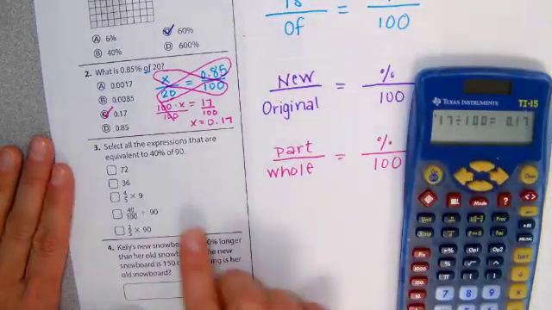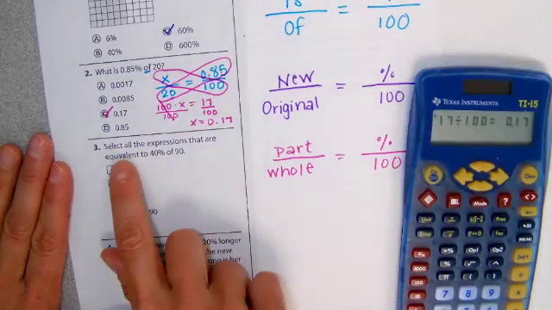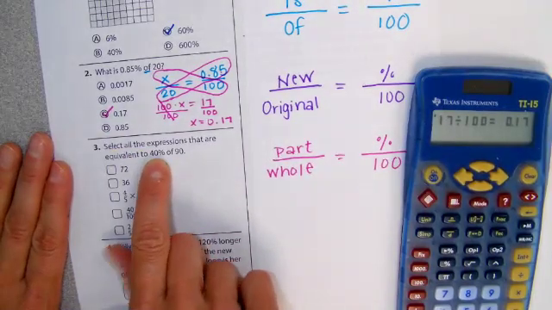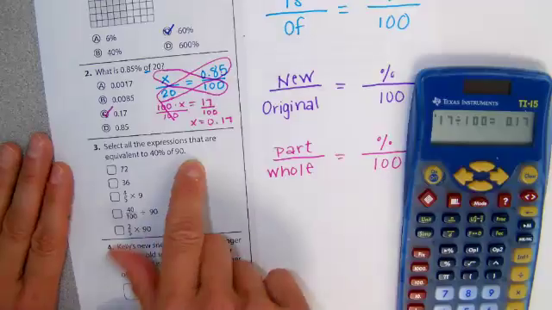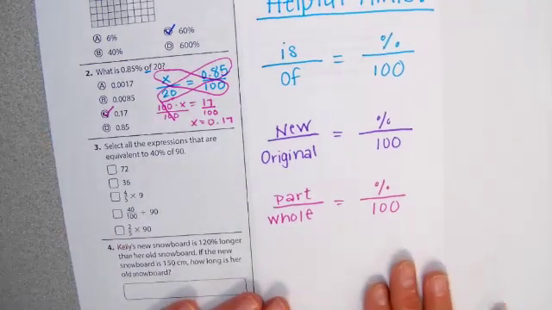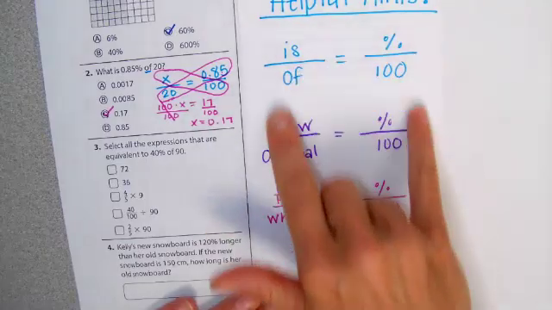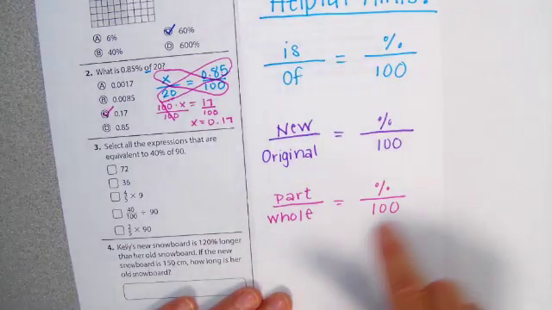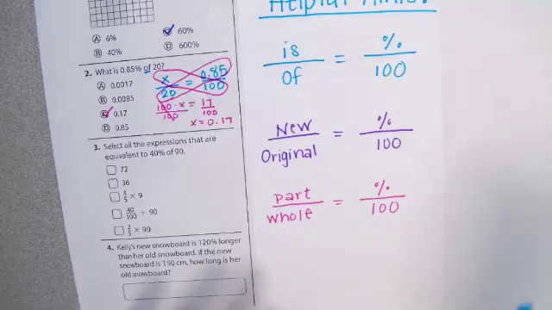Next one, number 3. Select all the expressions that are equivalent to 40% of 90. So again, when we're using these percentages, we're using this idea of part over whole equals percent over 100. And so now this is not really a story problem like the next one.